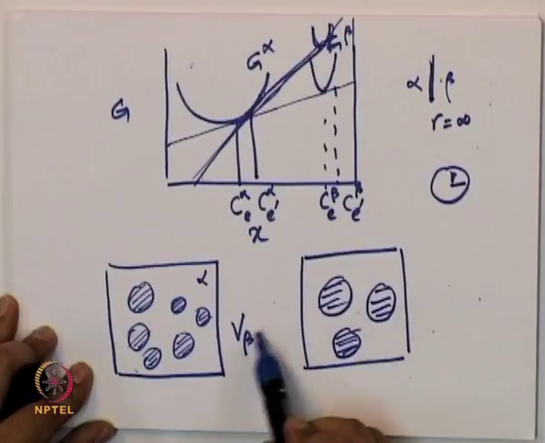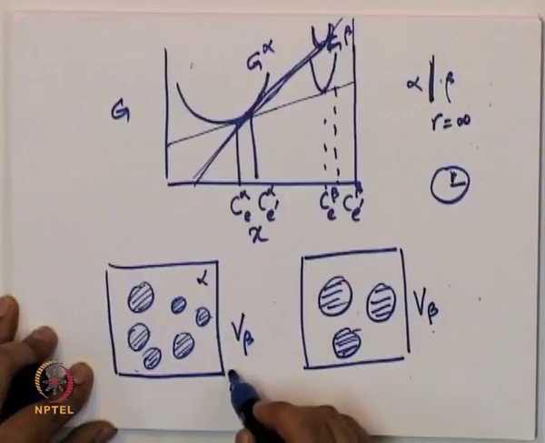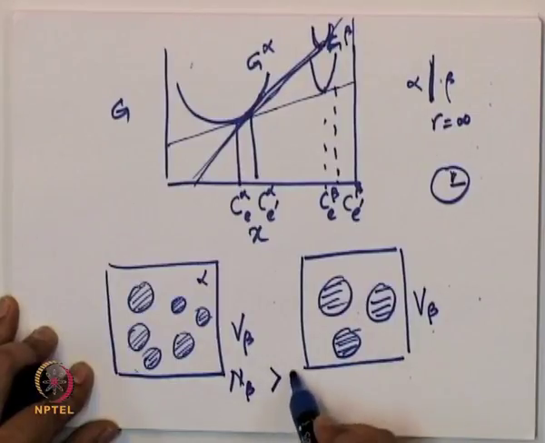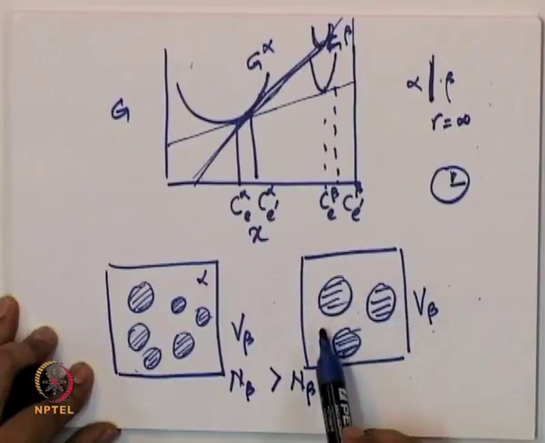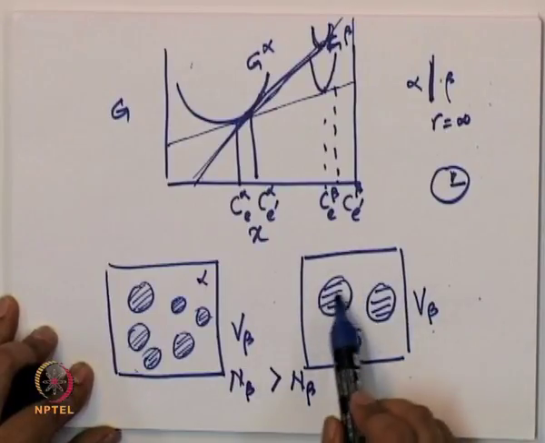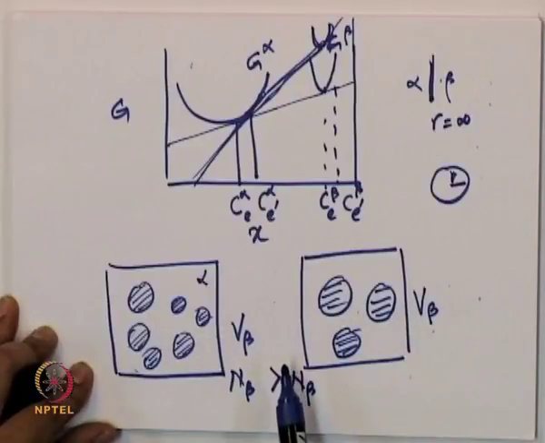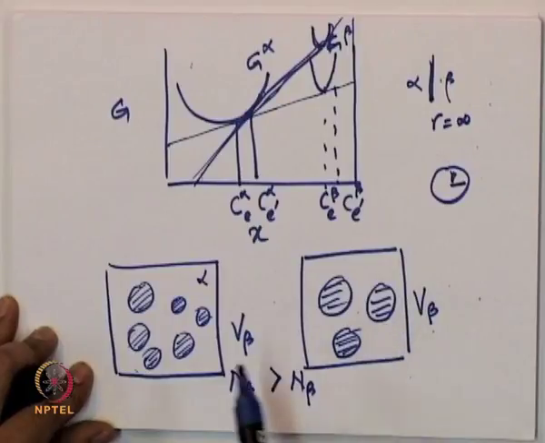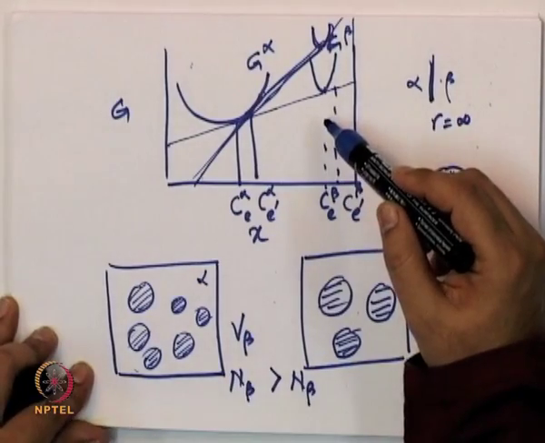So, V beta remains the same, here also the volume fraction is beta, the n beta in this case is higher than the n beta in this case. So, the number of precipitates decrease, hence the overall size increases, while the overall volume fraction of the beta phase remains the same. This is known as coarsening or Ostwald ripening, and the way this happens can be explained using the Gibbs-Thomson effect.